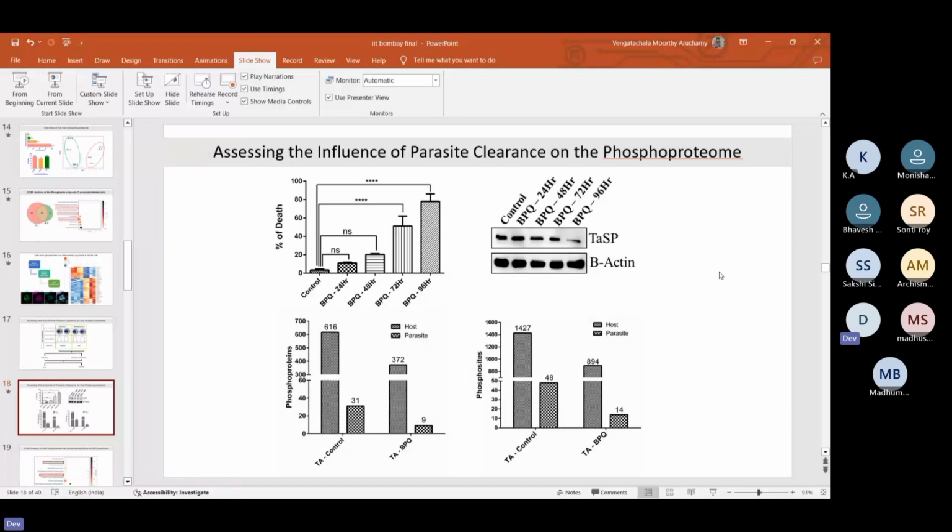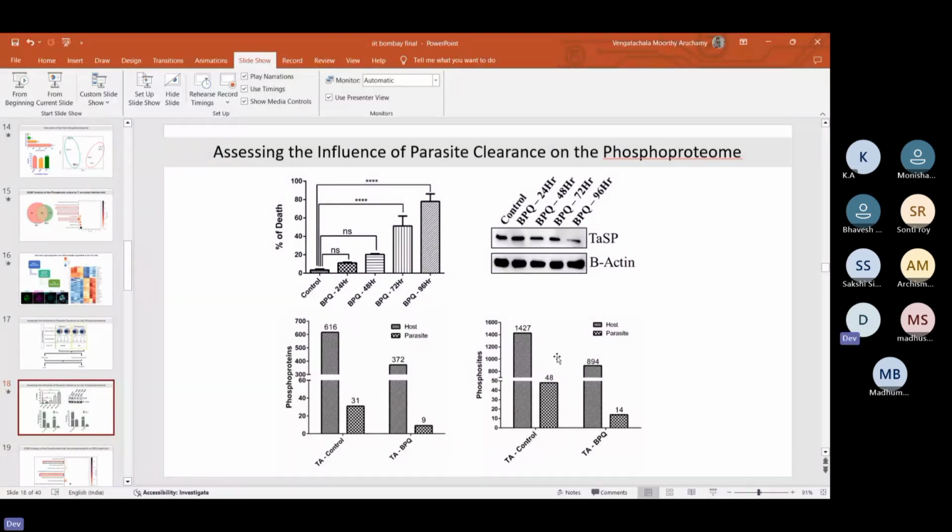We again follow the same data analysis pipeline that I've already discussed in the previous experiment. We have identified around 616 phosphoproteins in the infected samples, and upon BPQ treatment almost 300 phosphoproteins lose their phosphosites. For the parasite, we identified 31 phosphoproteins present in the control cells, and almost all of them, around 24 to 25, lose phosphorylation on parasite clearance.